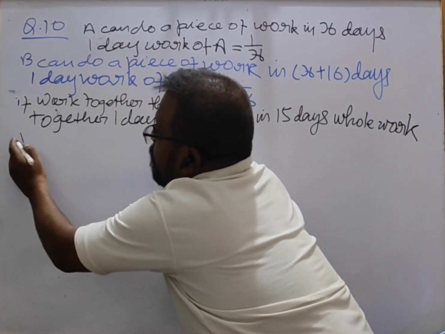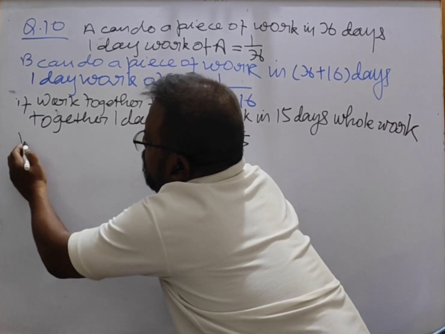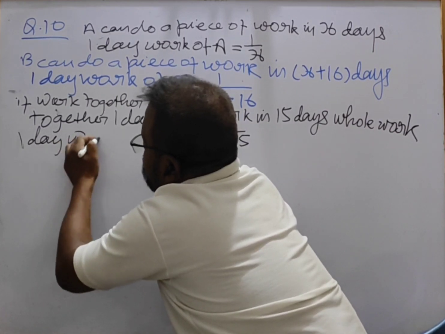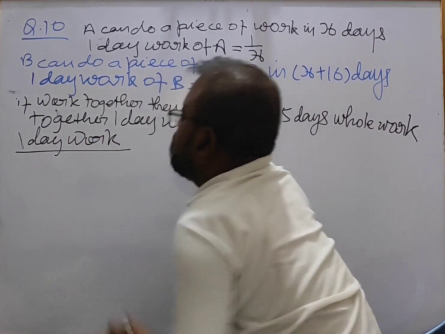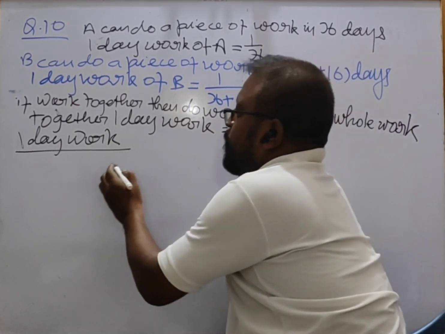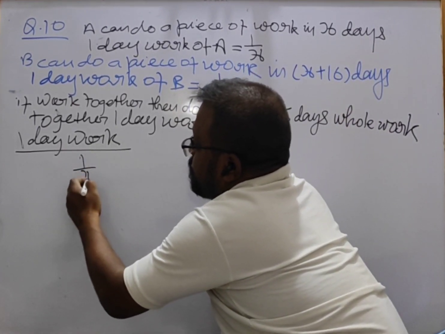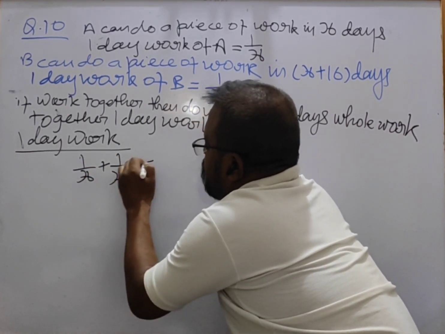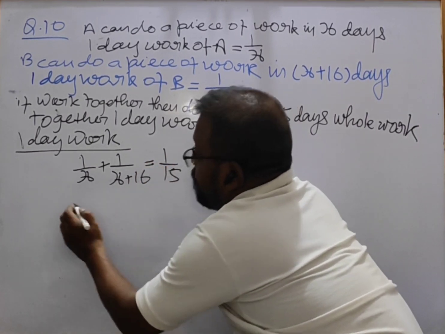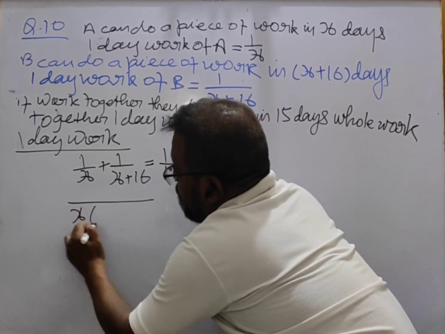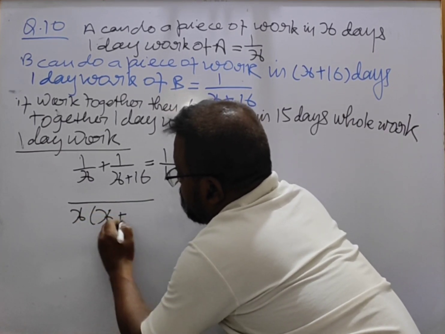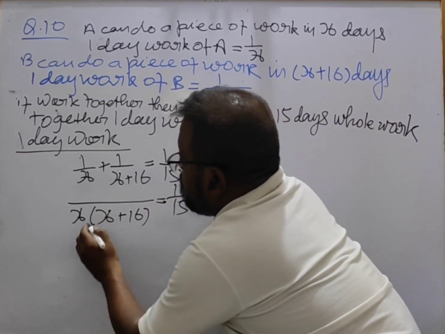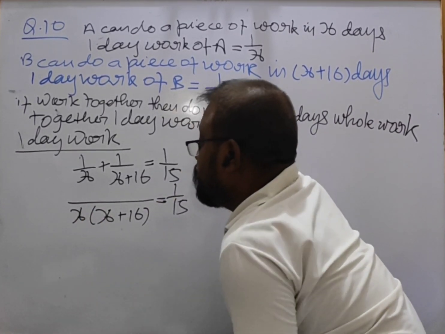So 1 upon x plus 1 upon x plus 16 is equal to 1 upon 15. Now you take x(x plus 16) as common denominator.